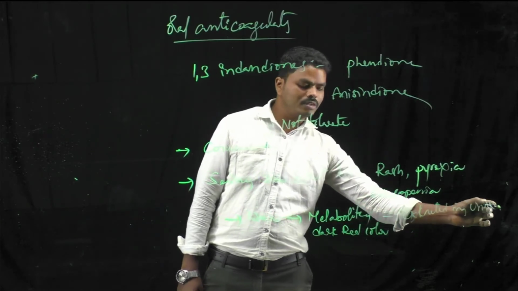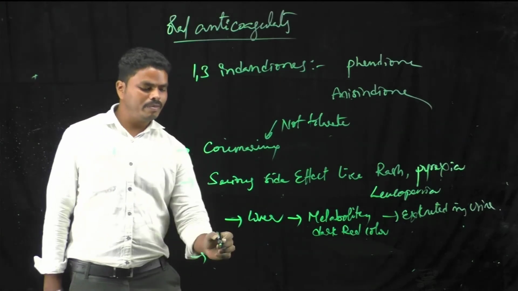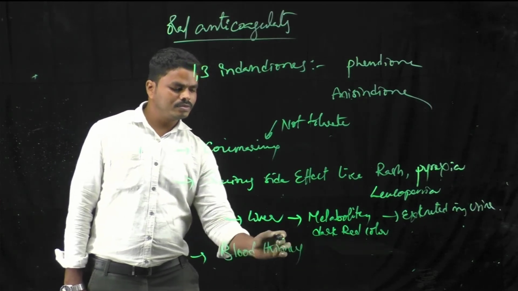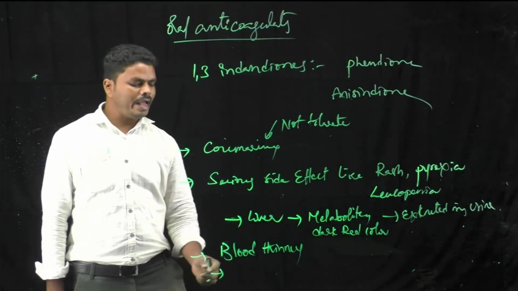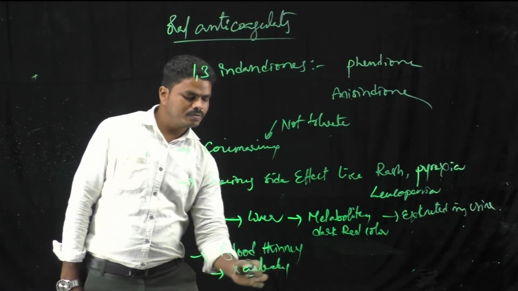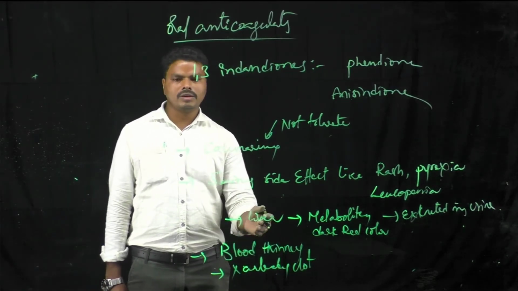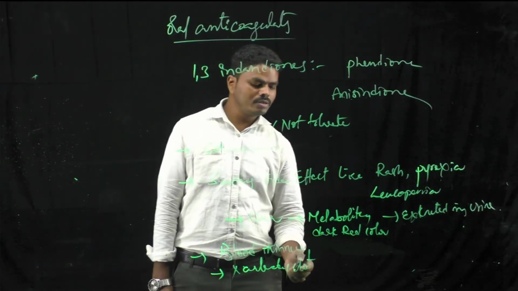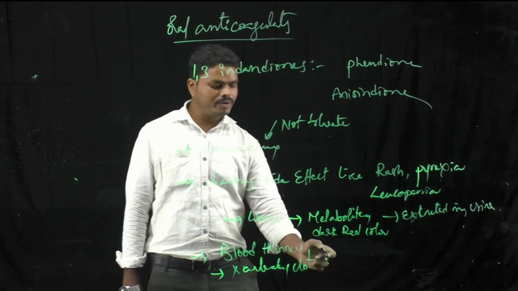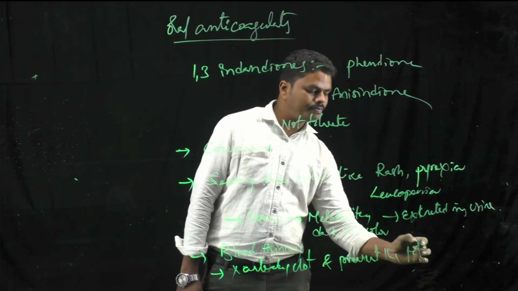These drugs are also referred to as blood thinners, and they do not show any action on an already formed clot. That means they don't remove or dissolve the already formed clot, but they can act against the formation of the clot. So they can prevent the formation of clots.